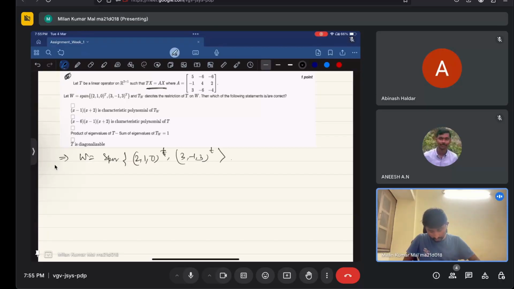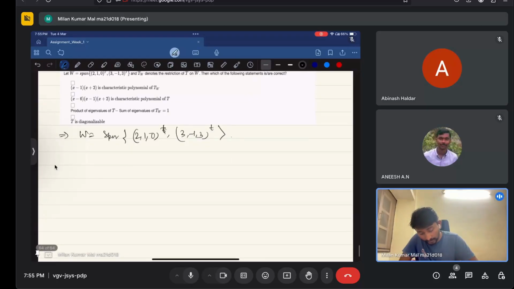This is question number 8. Here note that there are polynomials of T with respect to W. So let's take the full matrix A.